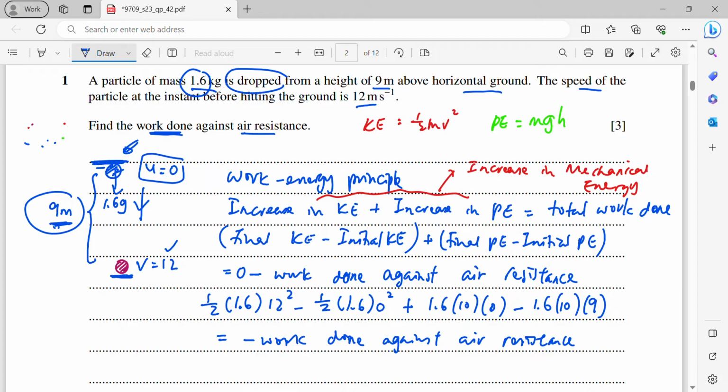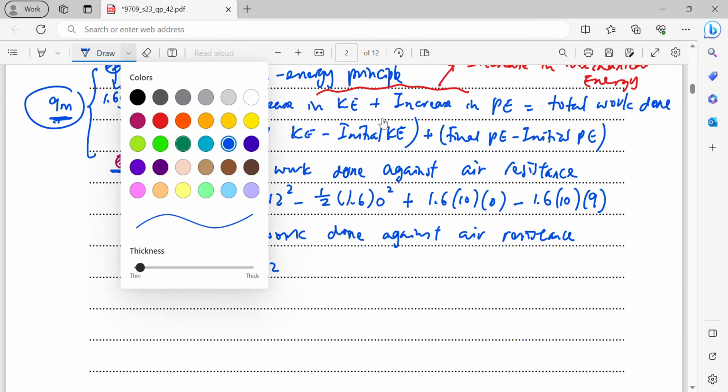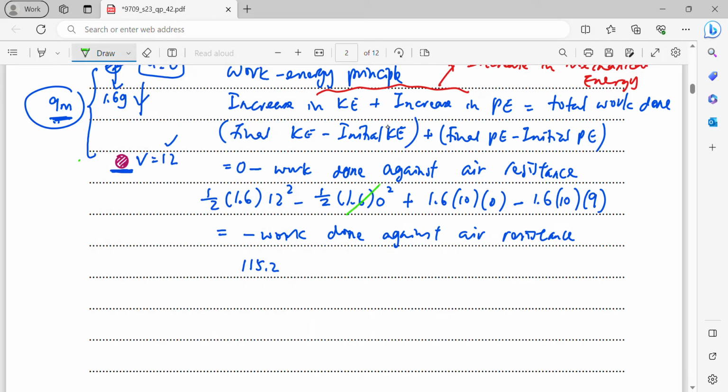So from here, the first term is going to be 115.2. Then the second term is 0, because of the 0 here. The third term is 0.